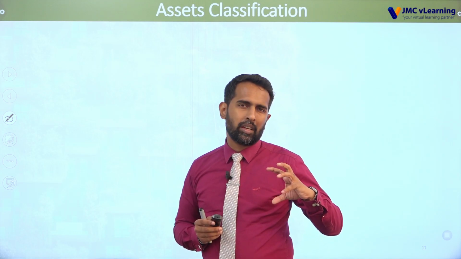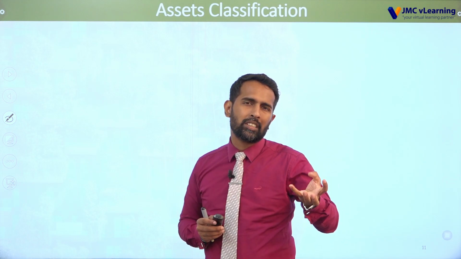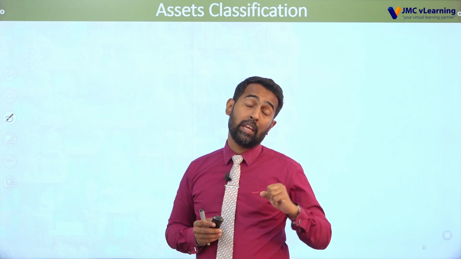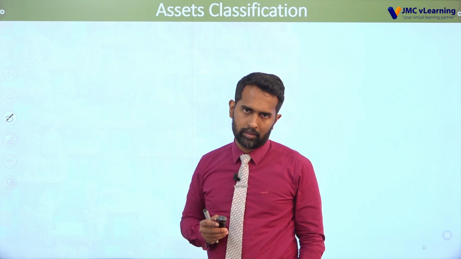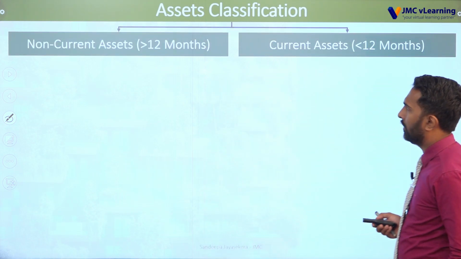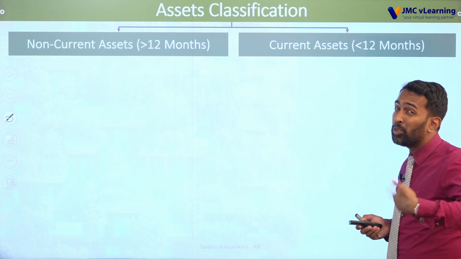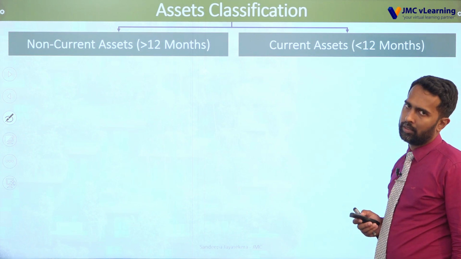If an asset can be converted into cash within a period of 12 months, such type of assets are what we call current. If assets take more than 12 months, we say non-current, right? Let's see. So assets are classified as non-current and current. If it takes more than 12 months to get realized, non-current. Less than 12 months, current.